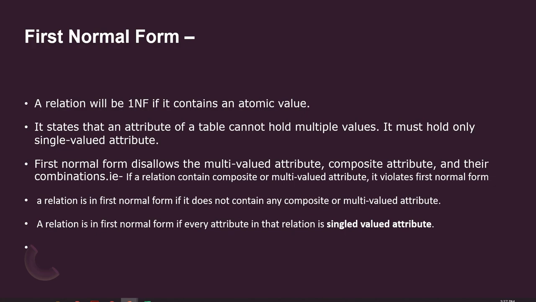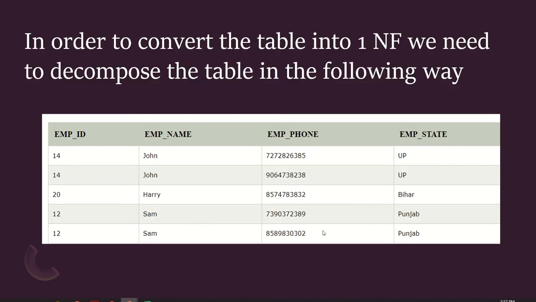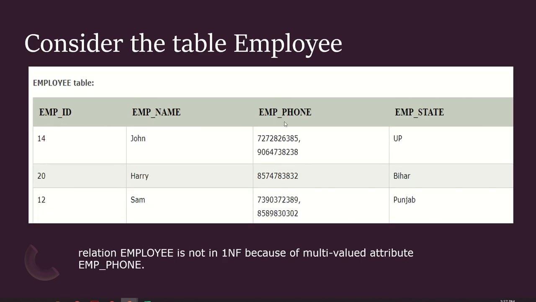Now we can study the points we have to write for the first normal form. A relation is said to be in first normal form if it contains atomic values. If you see each and every column of this table, it contains only one value, a single value. In the earlier table, 2 values were there for this row, which is not possible, so we have to write it like this.